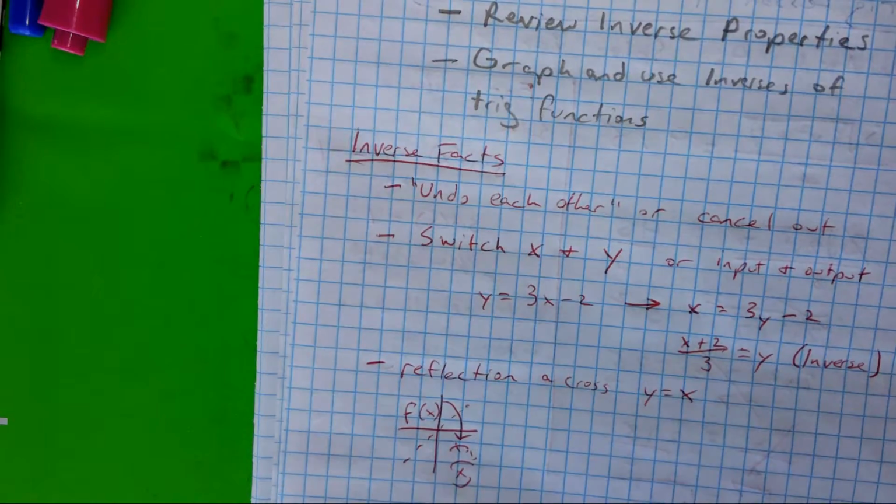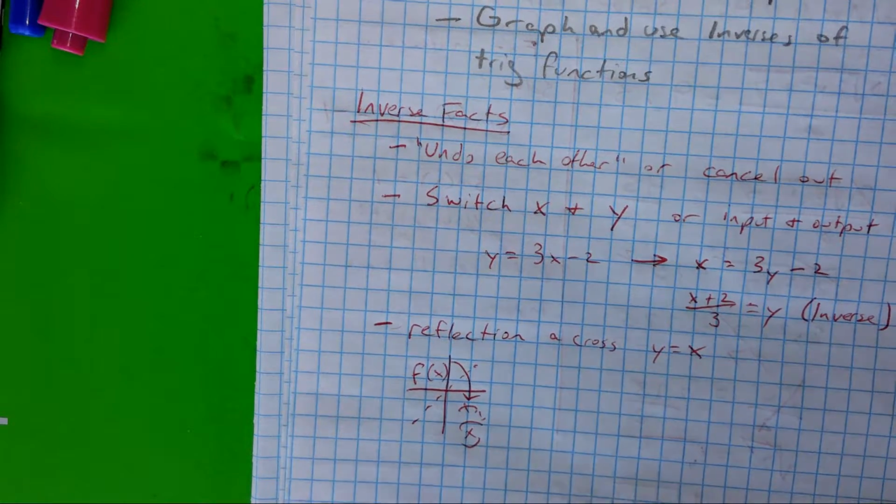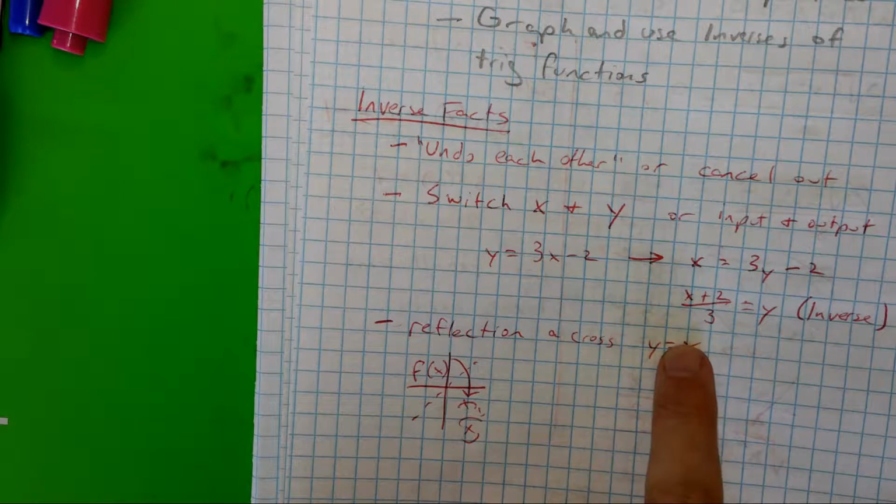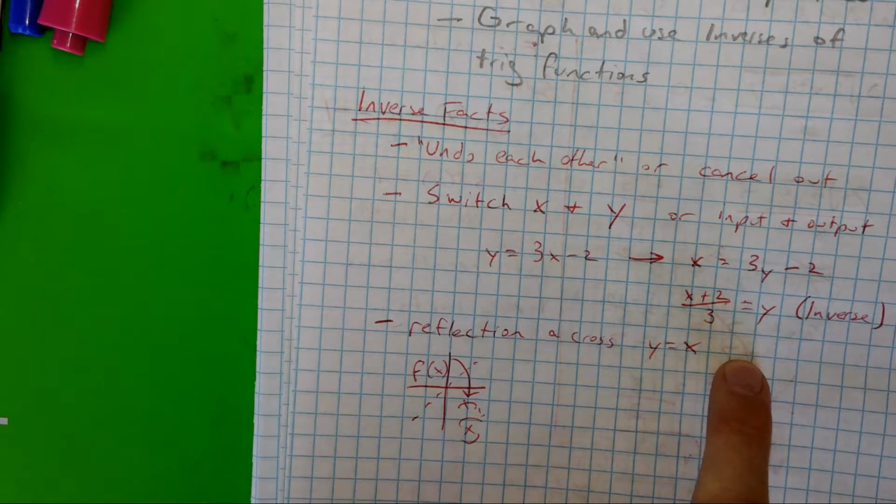So an inverse is a reflection across that slanted line y equals x, a line with a slope of 1 and a y-intercept of 0.